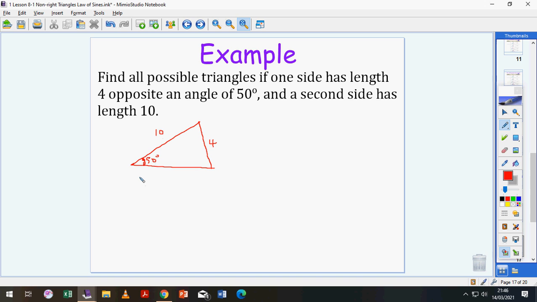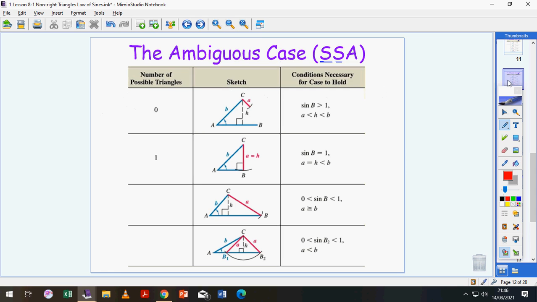Remember, if the second side is less than the height, then you do not have any triangles possible. If it is exactly equal to the height, then you only have one triangle possible. If it is bigger than the height, then you have two triangles possible.